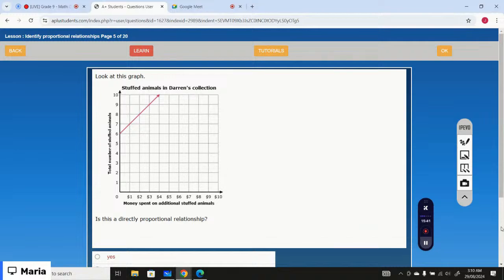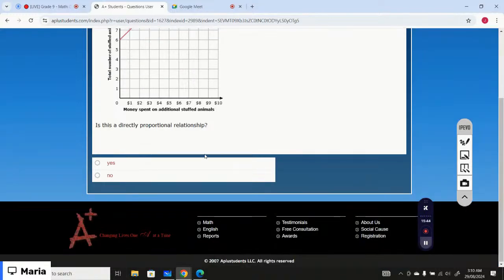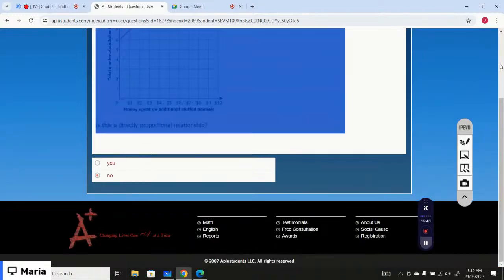No, that isn't a directly proportional relationship. The correct option is no.